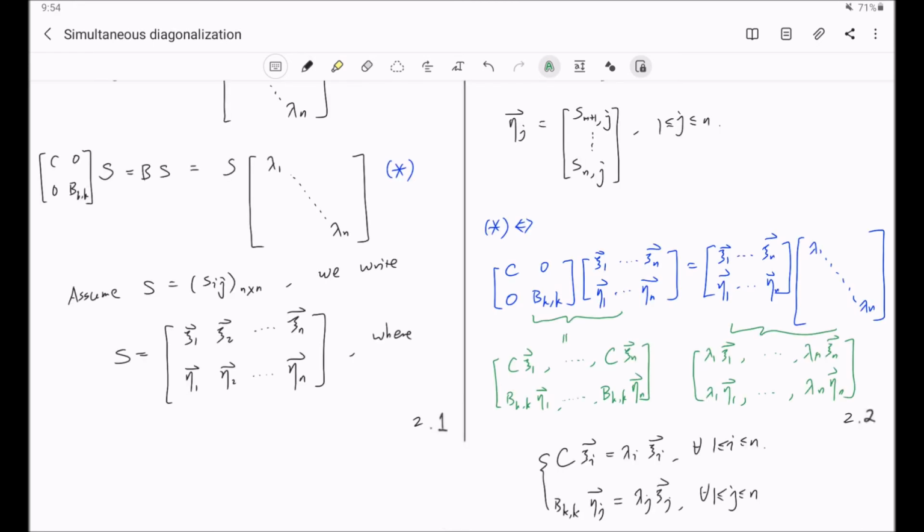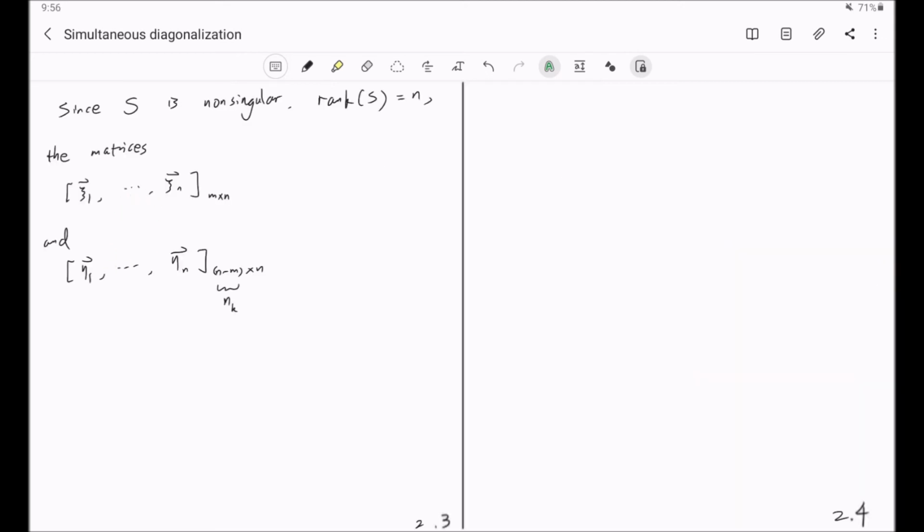If you look at the submatrices formed by the first row and the second row of this block matrix, namely those two matrices formed by column vectors c1 through cn and eta 1 through eta n, they will both have full ranks. The rank of the first will be equal to m, because m is less than or equal to n, and the rank of the second will be n sub k, because n sub k is less than or equal to n.